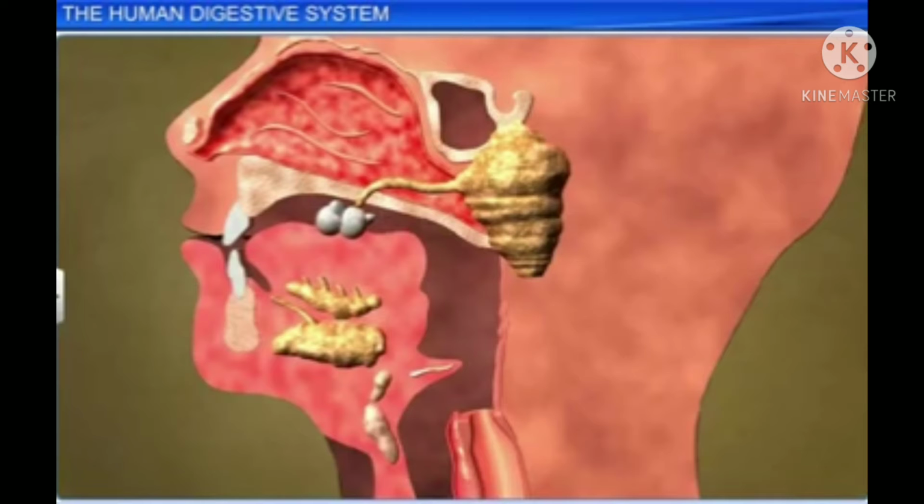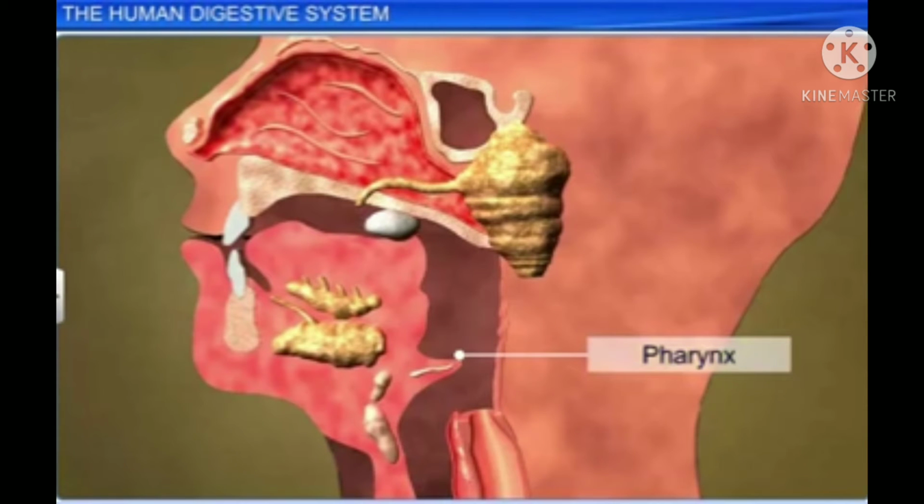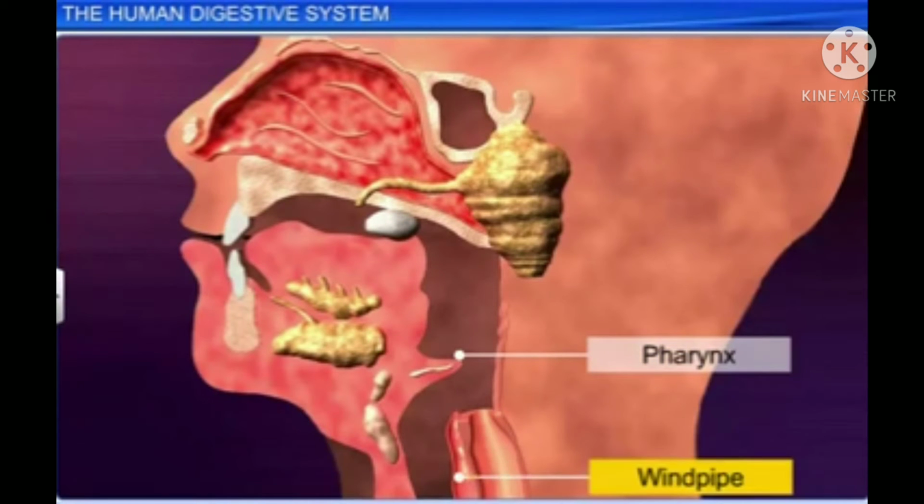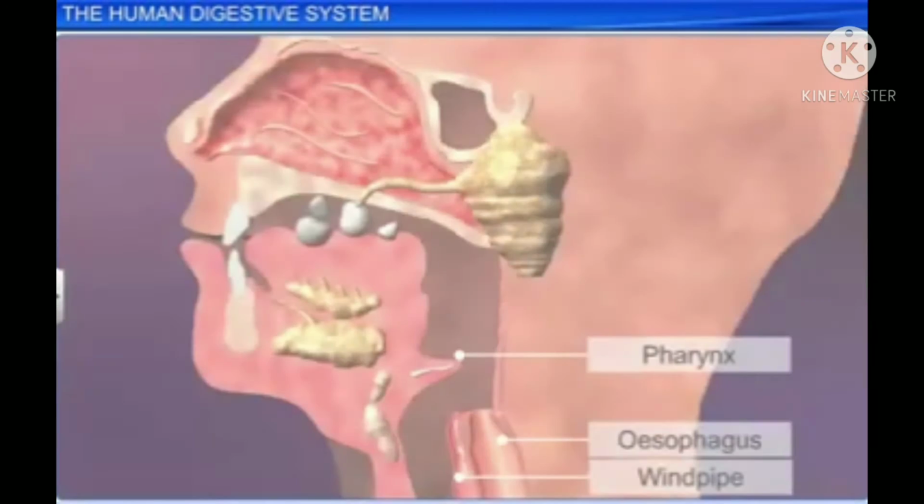The tongue helps push food from the oral cavity into the pharynx, a passageway for air and food. The pharynx opens into the windpipe or trachea and esophagus, a narrow tubular muscular organ.